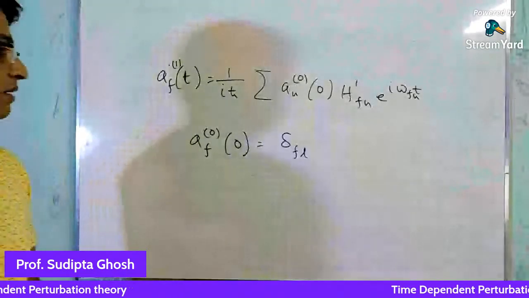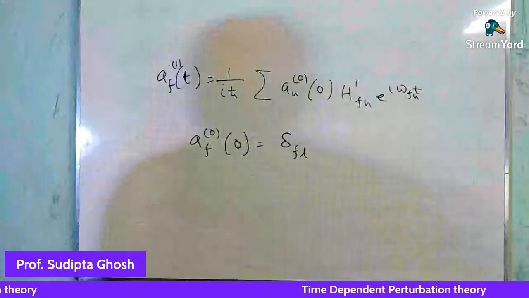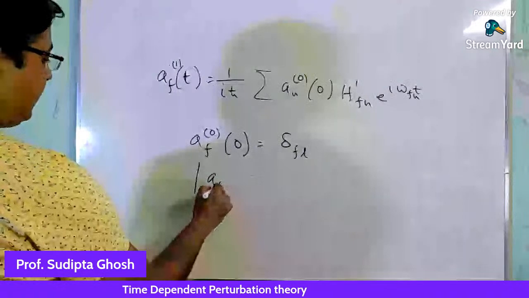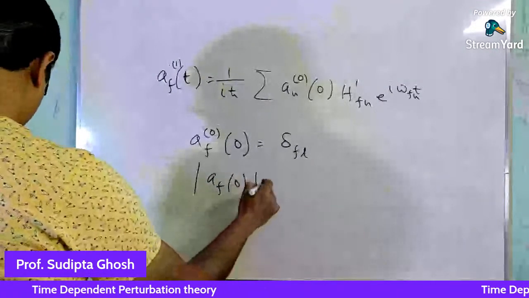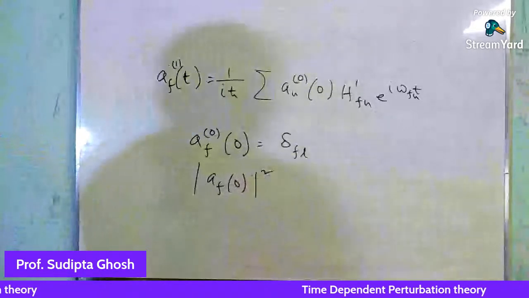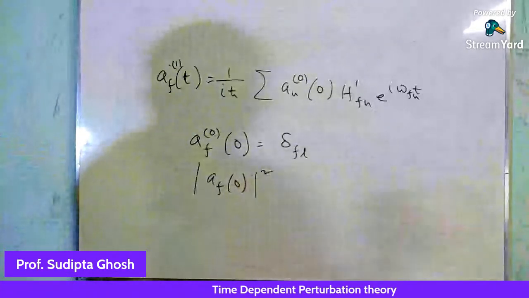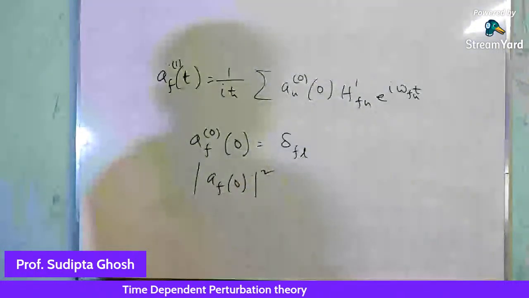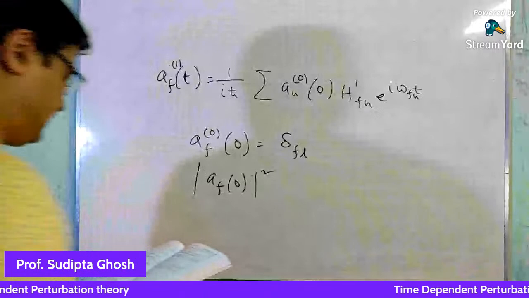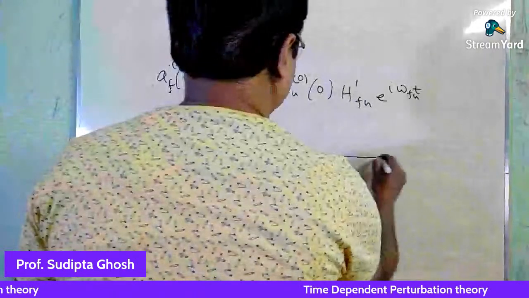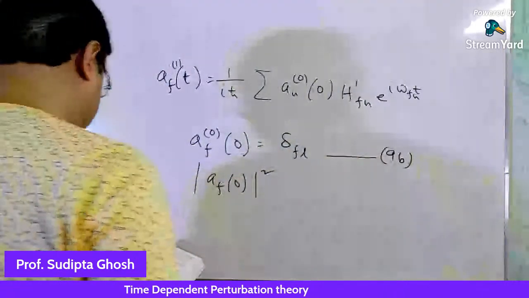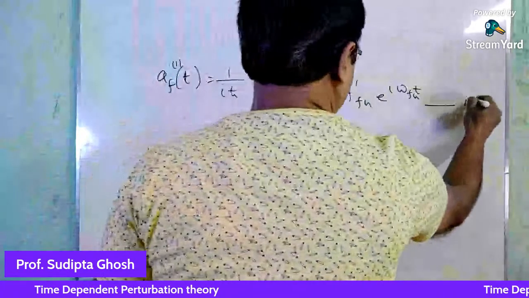Actually, mod of a_f(0) squared is the probability that the system is found in the fth state at t equals 0. Now, let it be equation 9b, and this equation, that is a_f dot 1(t), let it be equation 10.